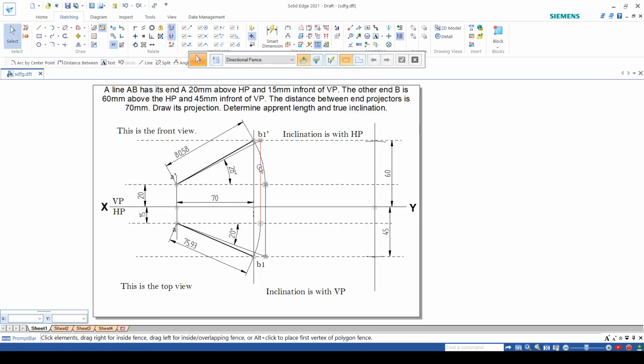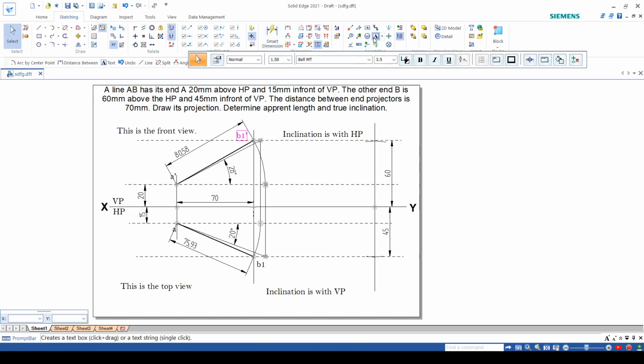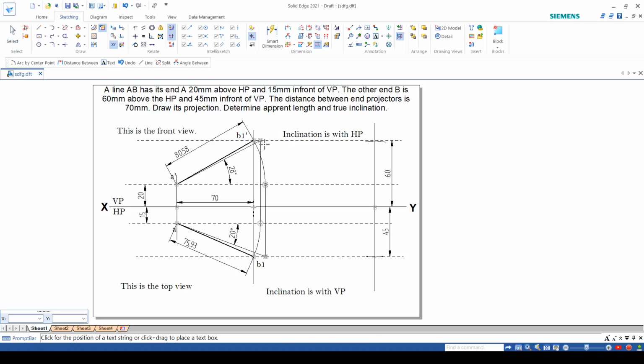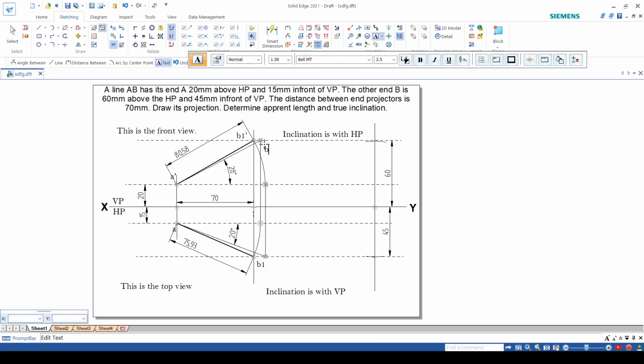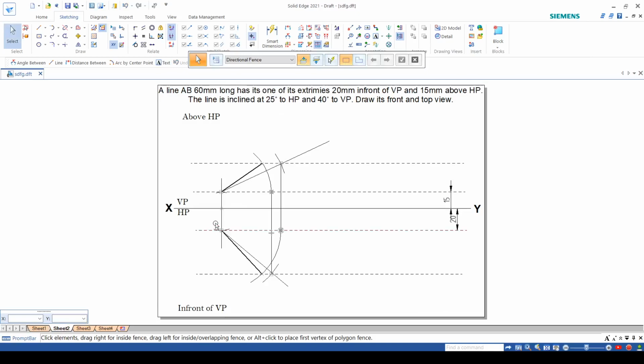So this would be B and B1. If I take this B1 to this side, now I can give the names: this is B dash and this is B. Now I just give the name here also.